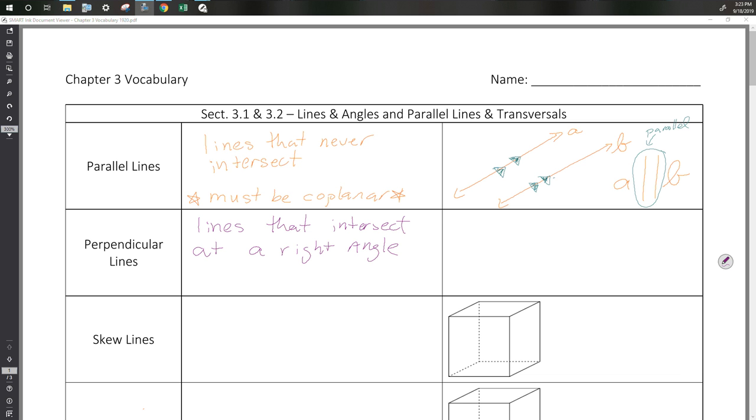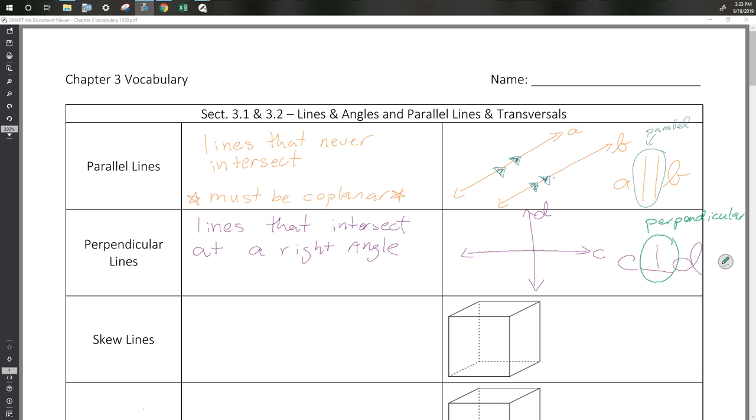So, for example, if I have line C and line D, so C is perpendicular to D. So this symbol for perpendicular looks like an upside down T. So if you want to say two lines were perpendicular to each other, you say line C. We should have the word line in front of it, but we kind of just shorthanded in this chapter to just a lowercase c.